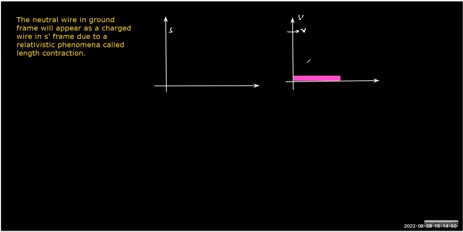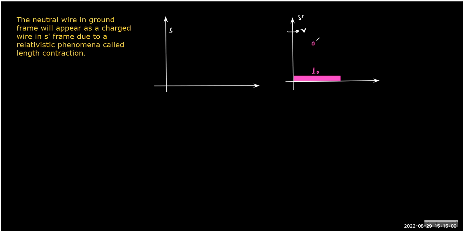So let's say the length of the rod in the frame, this is the true length, let's call L naught. So any observer, if the observer will see the rod at rest, then what he will see is called the true length or the actual length.